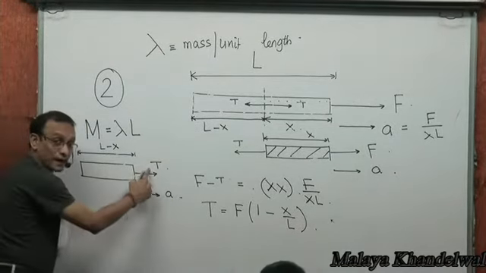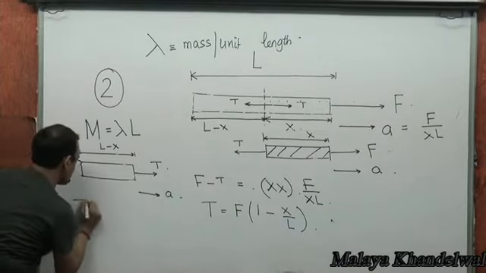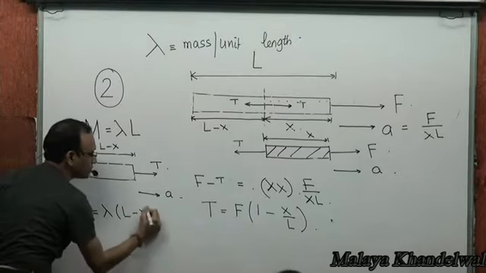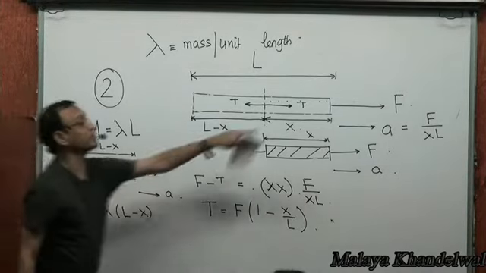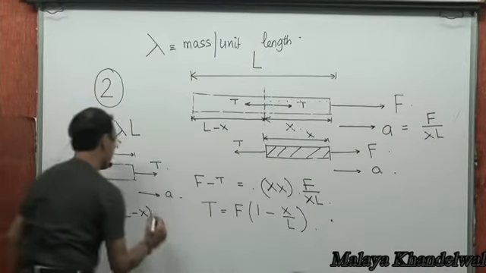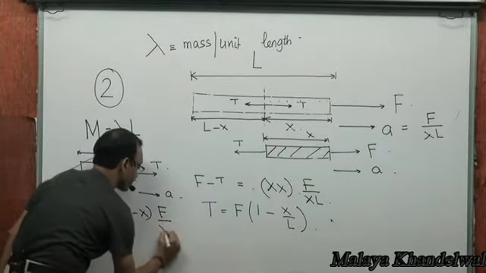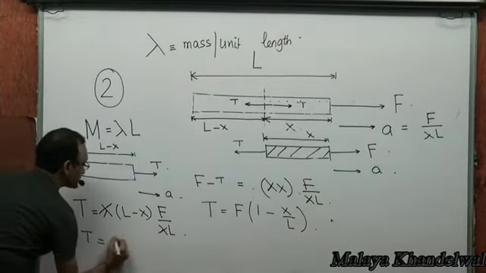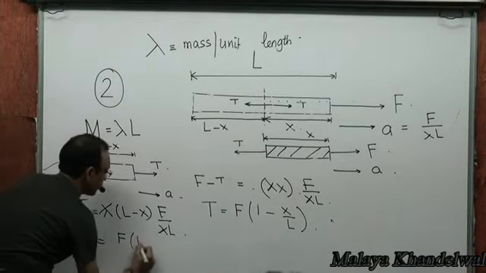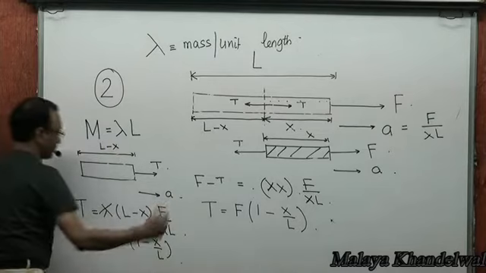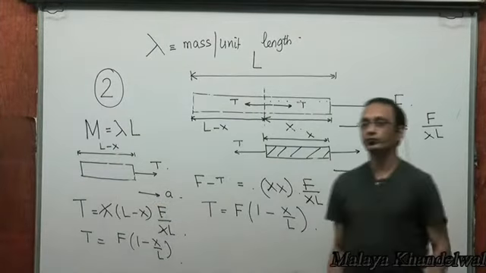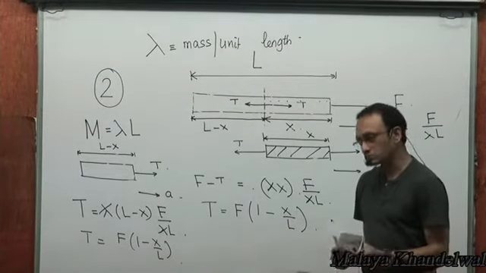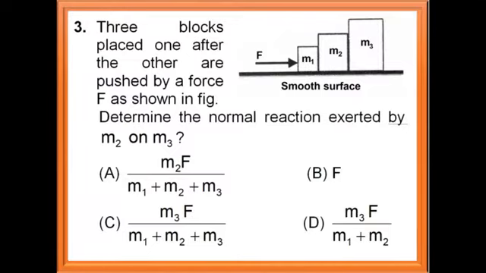Applying Newton's second law to this segment, T equals the mass of this portion, lambda into L minus x, into acceleration A, which is F by lambda L. T then is F into, if I divide by L, 1 minus x by L. Yes or no? That's the same as what we got earlier.